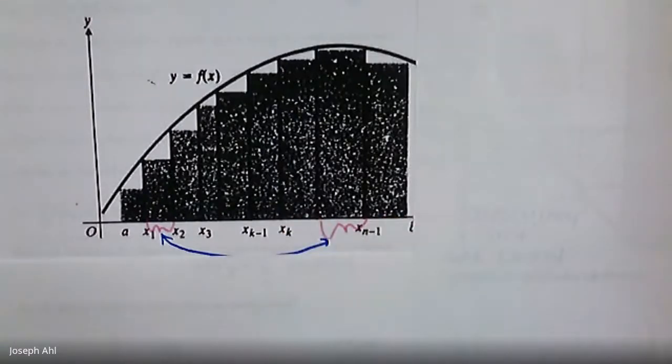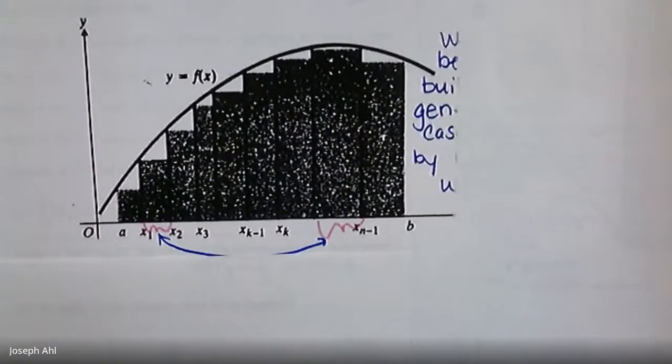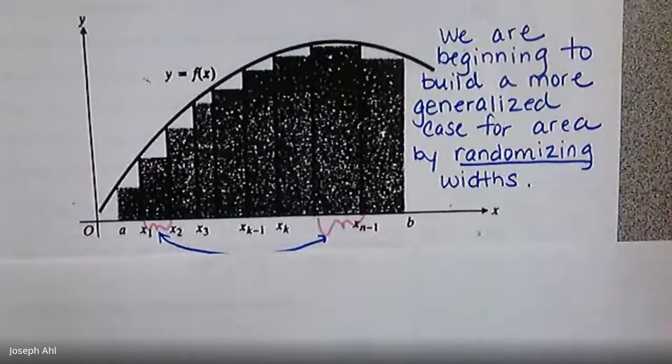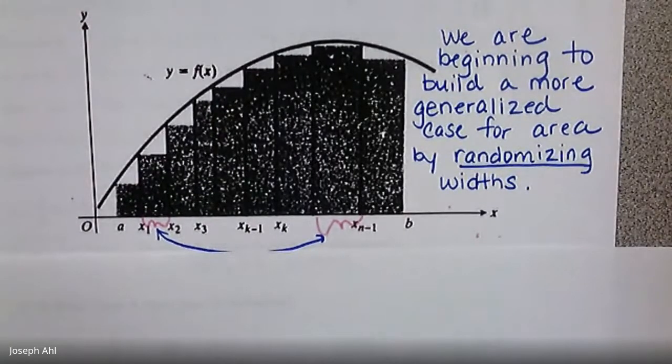So we're building this more generalized case, where we don't necessarily have to think of it as LRAM or RRAM to get the area under the curve. We can start also randomizing the widths that we see here. And there's one more piece that we have to add on before we truly define this sum for the sum of the rectangles to represent the area under the curve.